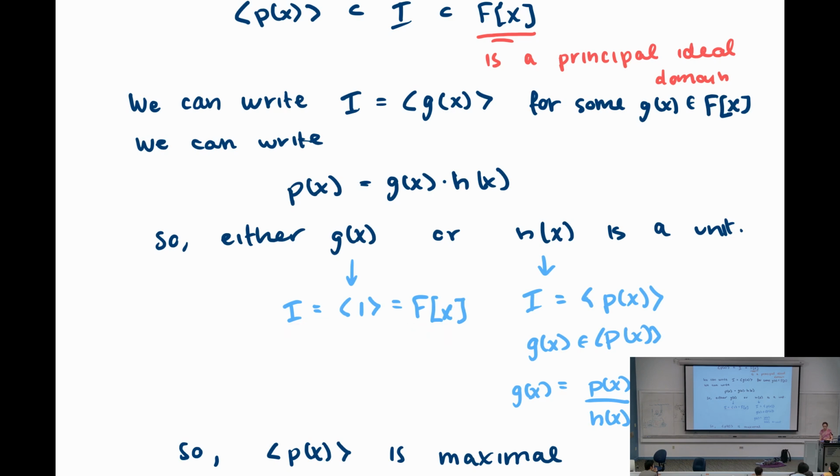So if g(x) is a unit, then g(x) times 1 over g(x), so whatever that is, is in the ideal I, but this is equal to 1. So anytime you have a unit in your ideal, that just means that the ideal is equal to the entire ring, because you can always show that 1 is in there.